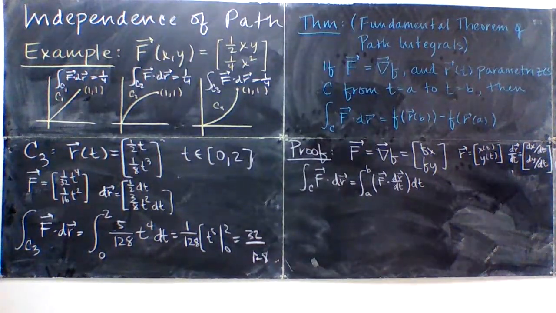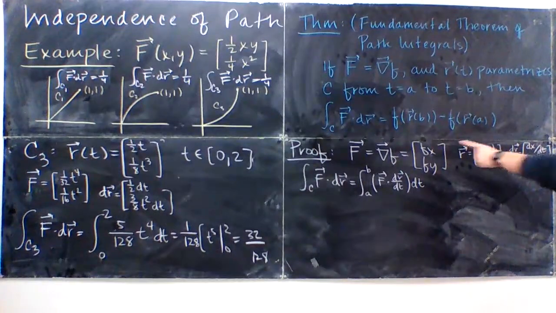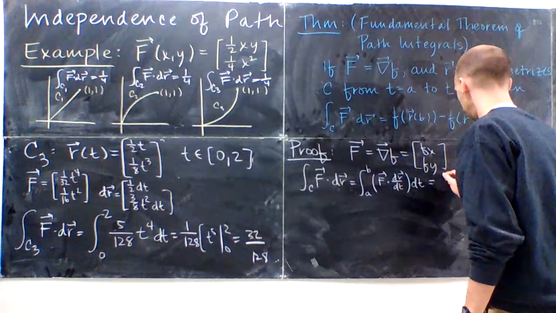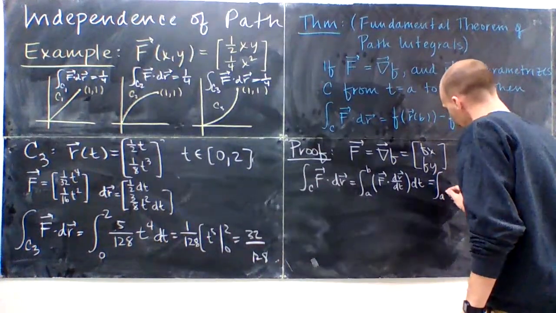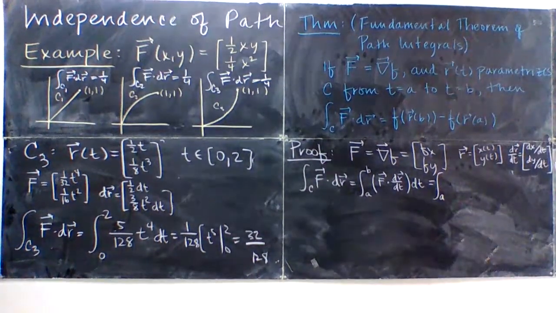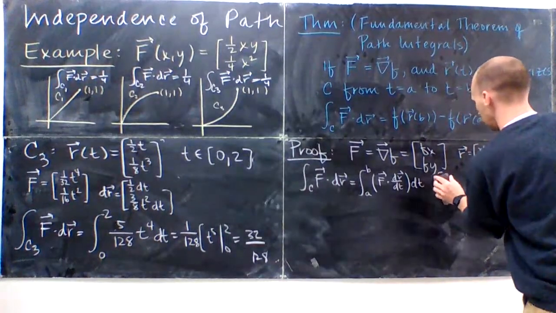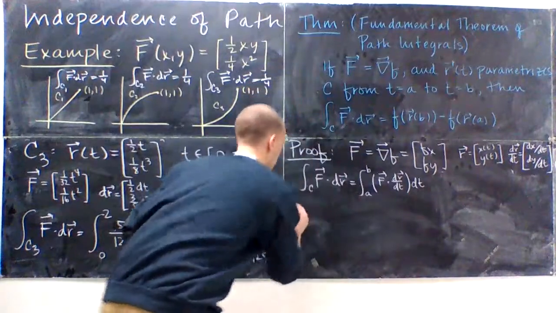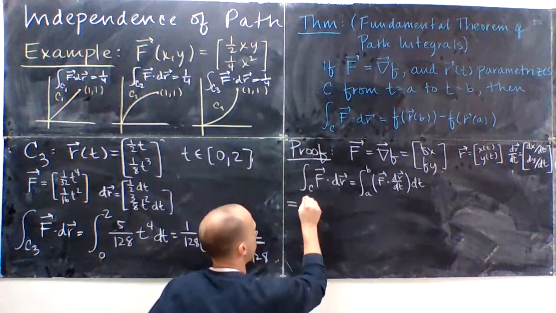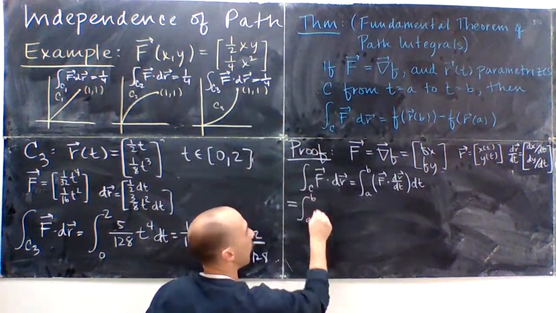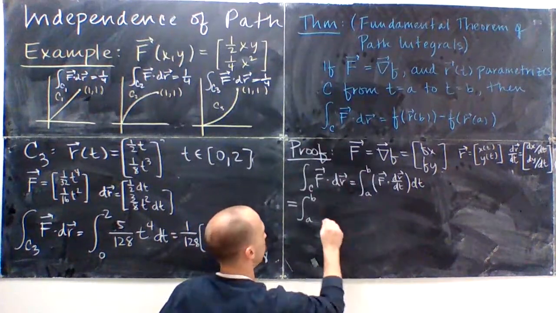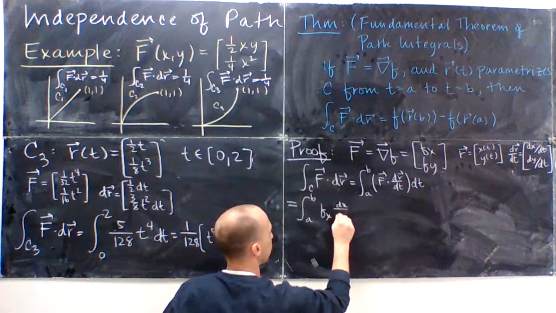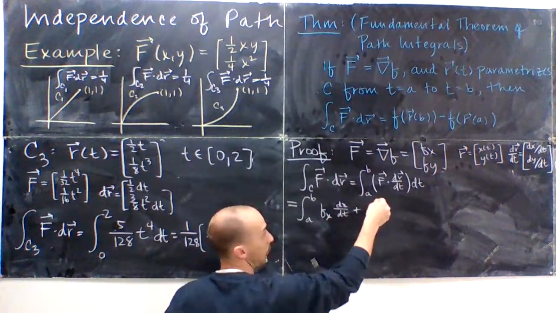And that means that if I take F, which is this, and I dot it with dr dt, I'm going to have the integral from a to b, and I'm going to write this on a new line because this is pretty important, and I know it's going to come together pretty fast after that. So when I do that dot product, I'm going to get fx times dx dt plus fy dy dt.